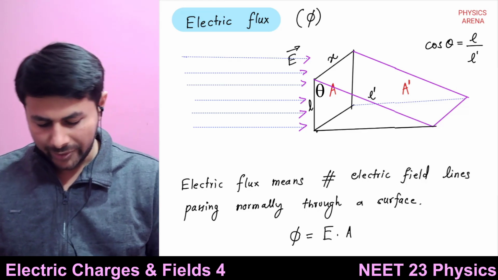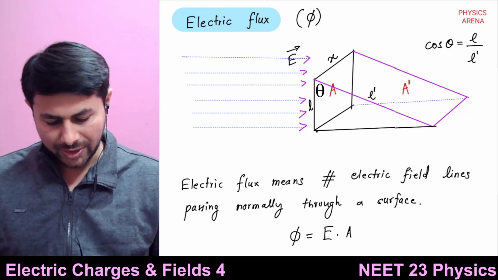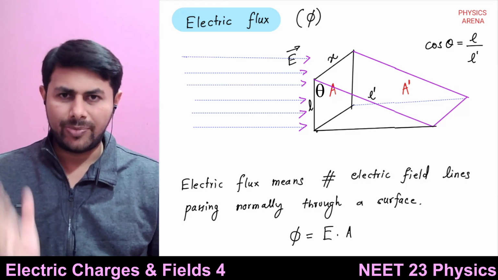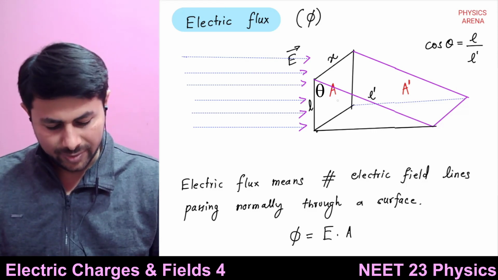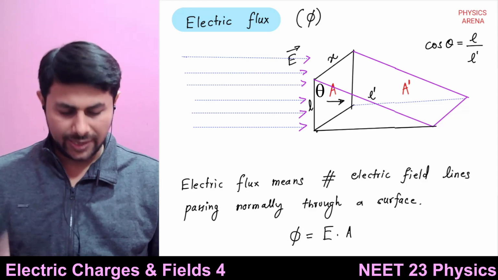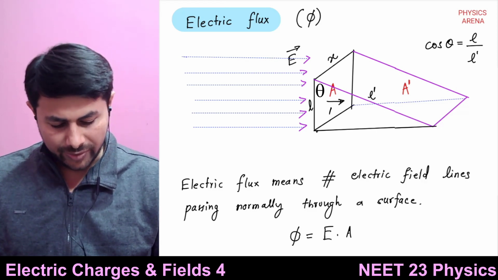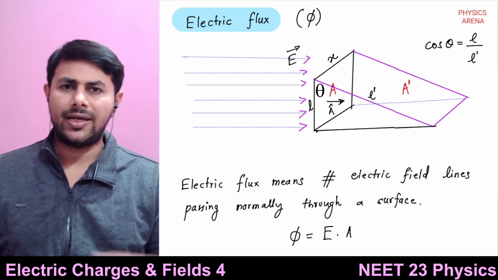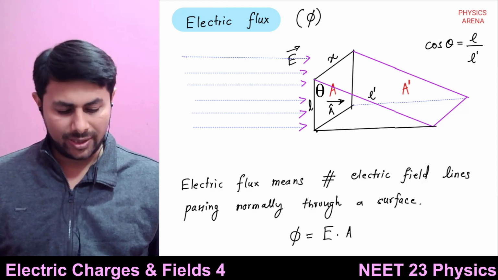And what is the direction of that vector? The direction of the vector is perpendicular to the plane of area. So this A is a vector quantity, and its direction is perpendicular to the plane of area.